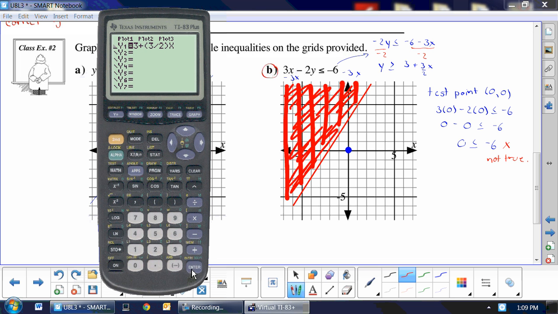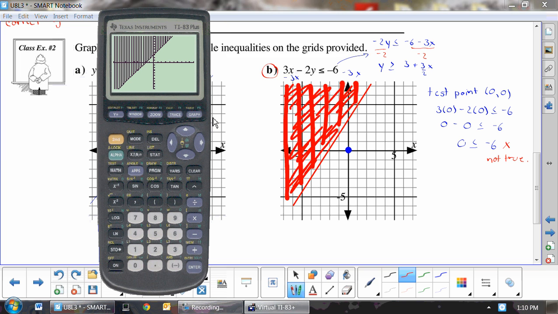Okay? Yes, Aaron? There's no solution? I don't think that's really possible with greater than or equal to, or greater than or less than, because it's always going to be one or the other. Yeah, so exactly.